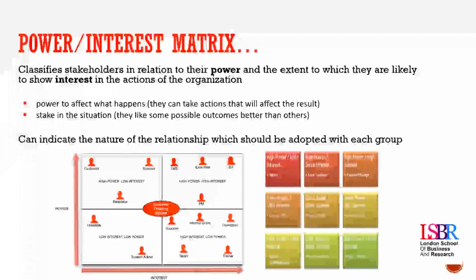And finally, in the bottom right-hand corner, these are people with little power but high interest. Because they're interested, you want to keep them in the loop. You want to make sure that you're sharing any kind of updates, any kind of transparency based outputs, such as financial statements, performance measures, and corporate governance updates. These are the people that want to see them.